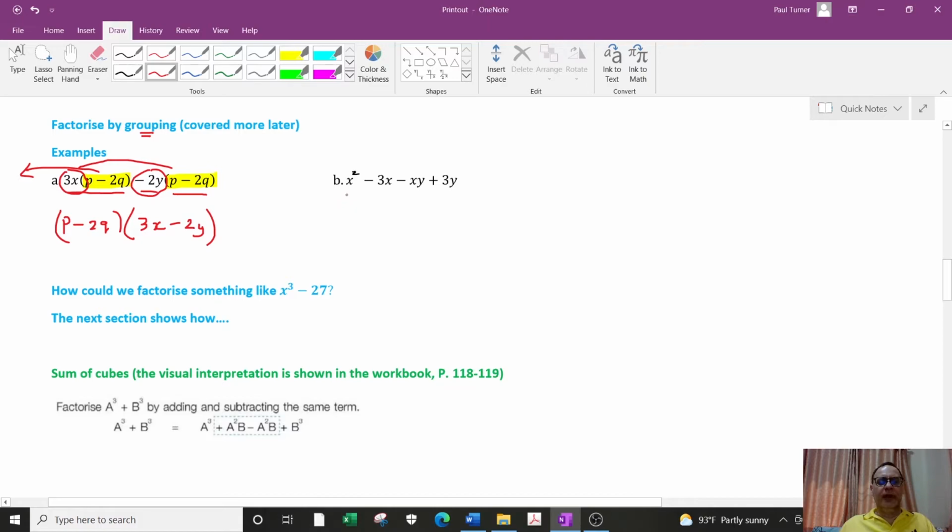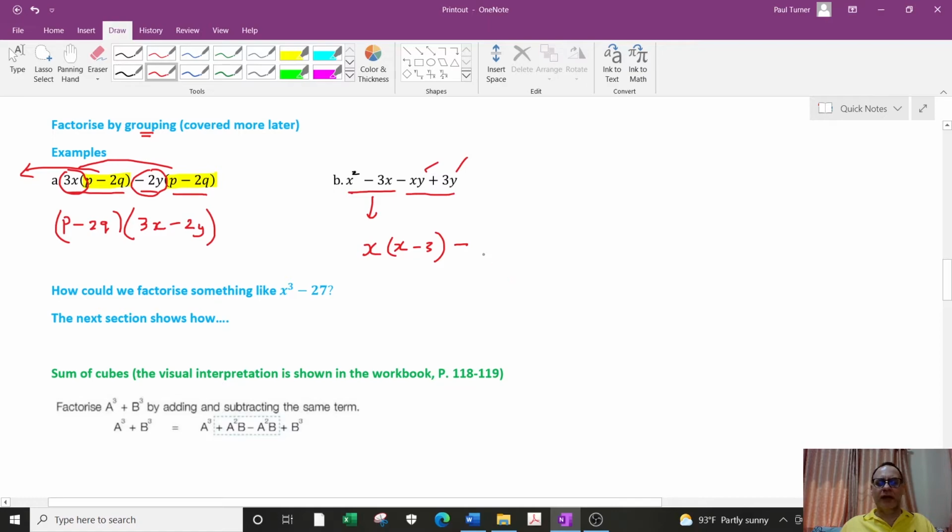In this question, I can see I've got 4 terms, x squared minus 3x and minus xy plus 3y. What I'm going to do is I'm going to factorize the first pair. So I'll be left with x minus 3 here. Check, x squared, x times minus 3, minus 3x. Minus, a common factor here would be y.